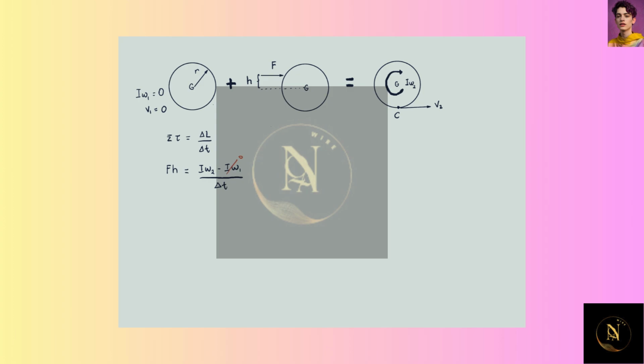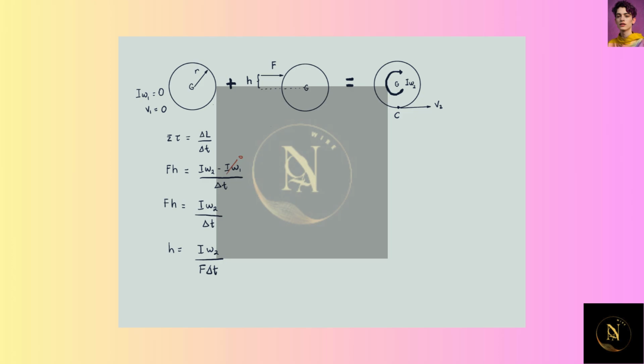Hence, our equation becomes F h equals I omega 2 over delta t. Then solving for h, we have h equals I omega 2 over F times the time interval.